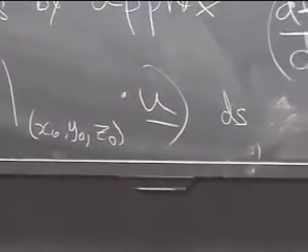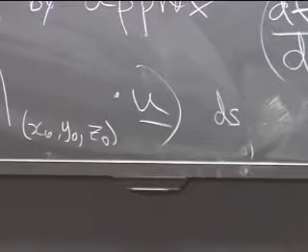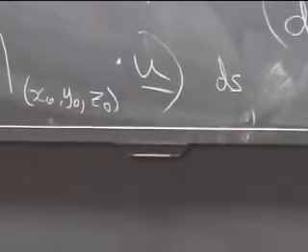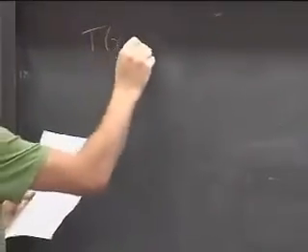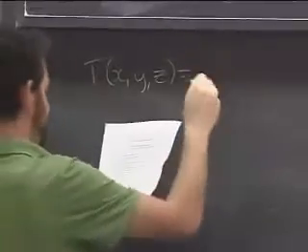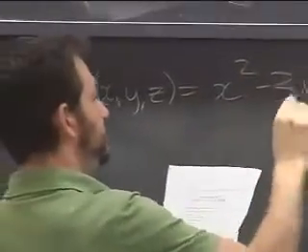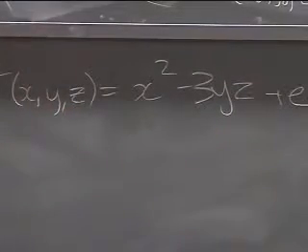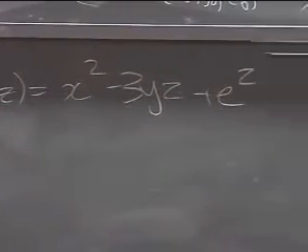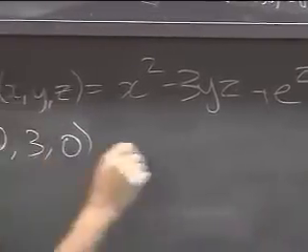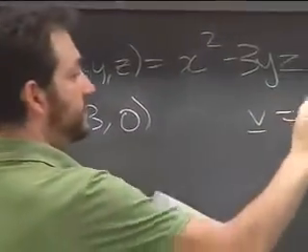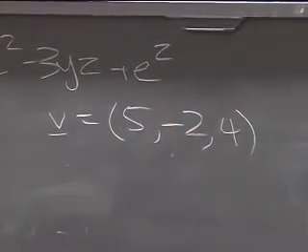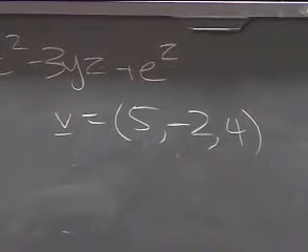So in my spaceship example, we had a temperature which was given by x squared minus 3yz plus e to the z. And the spaceship is at 0, 3, 0, and the velocity was given by 5, minus 2, 4. Okay, so the question is as follows. I'm going to give you a slightly different question.